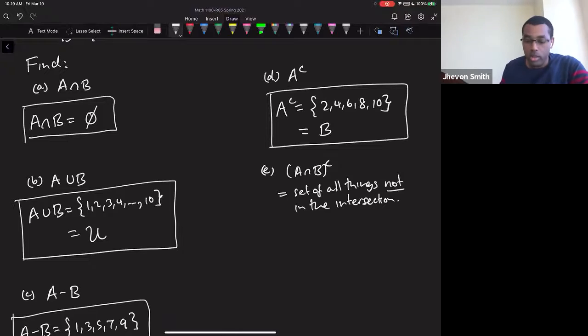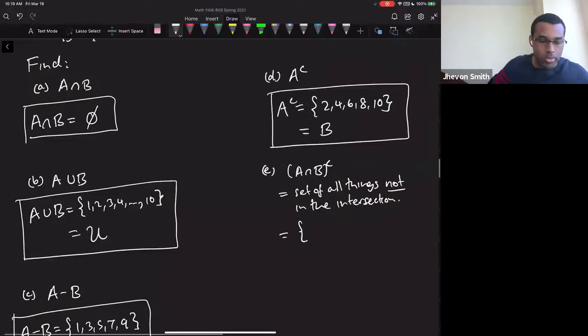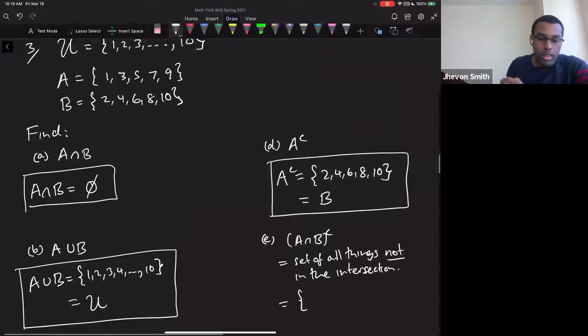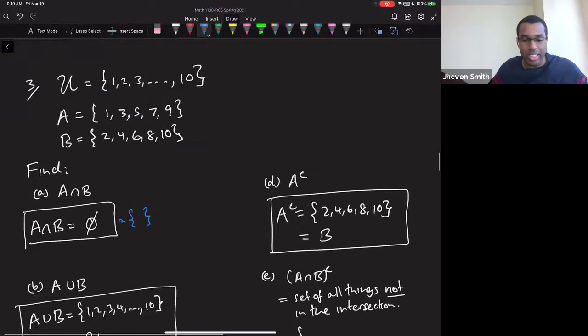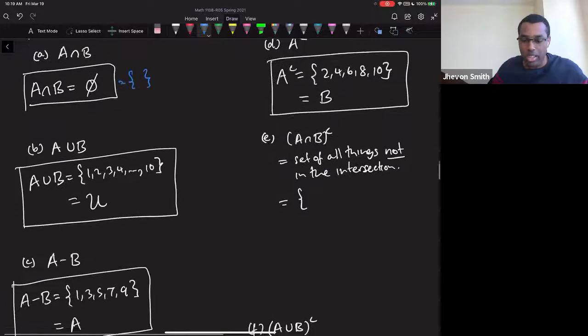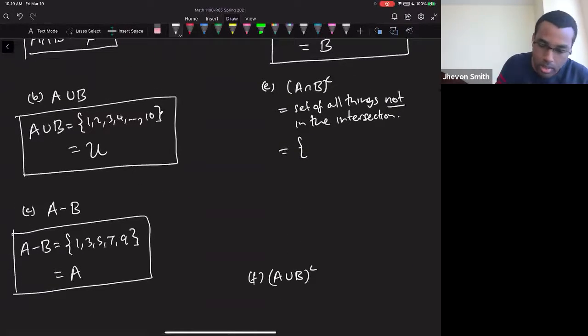I just want to find all the things that are in the intersection and then take everything else. What are the things that are in the intersection? Well, we already found the intersection up here in part A. The intersection had no things in it, which means everything else is literally everything else. Everything else is going to be all the numbers from 1 to 10. This is the universe.